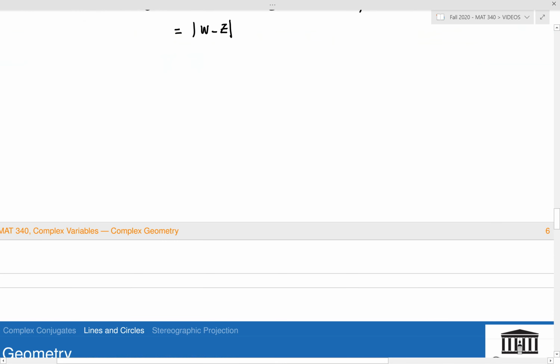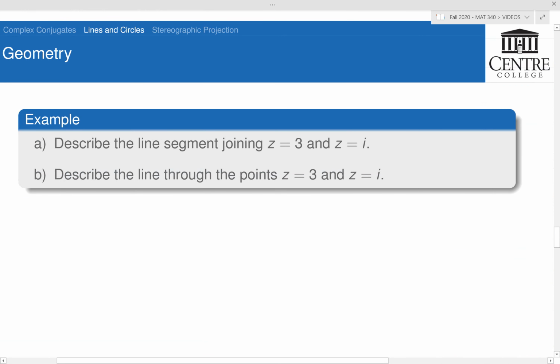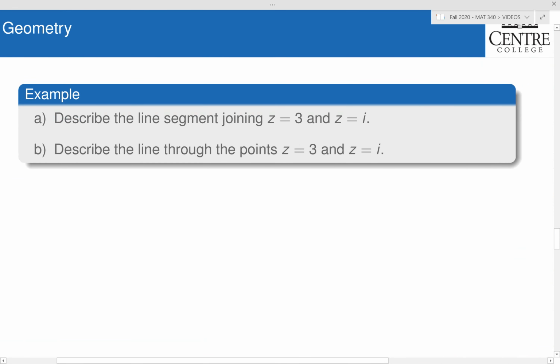Now, equipped with that, we're going to look at a few examples. Starting with this question, we would like to describe the line segment joining z equals 3 and z equals i. Let's say we don't know much about anything.